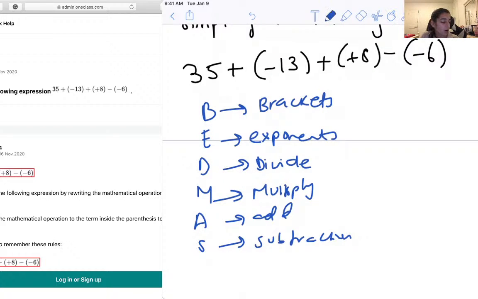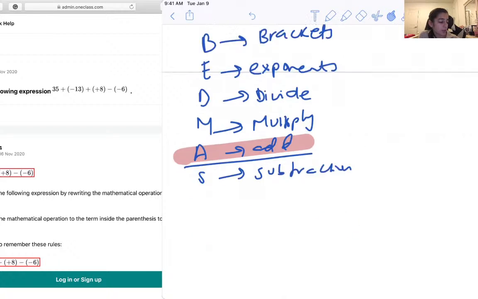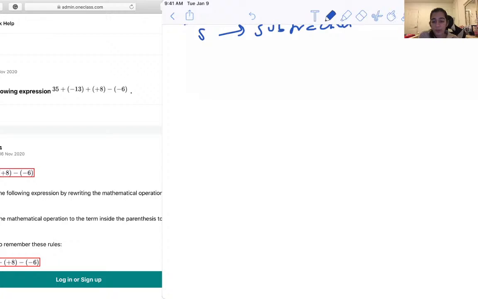So over here, although brackets come first, they're already pretty much solved on their own. They don't have more than one term in it, which means that they are in their simplest form. So then we can go ahead and do addition first.